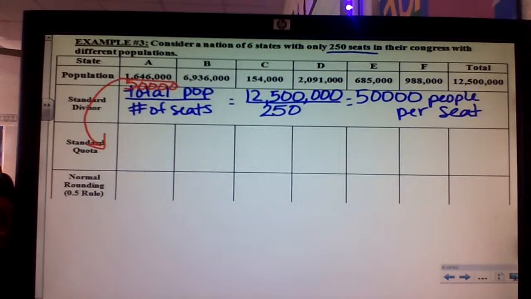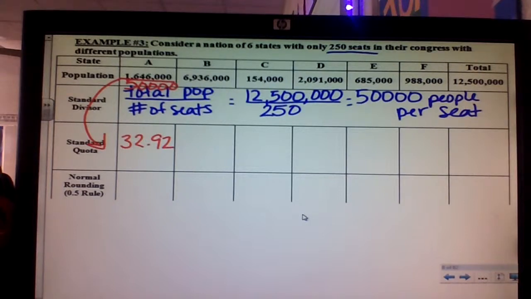How many seats in Congress does state A receive? Leave it as a decimal. 32.92.